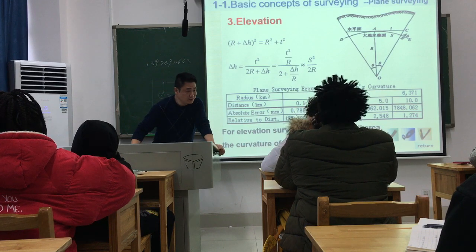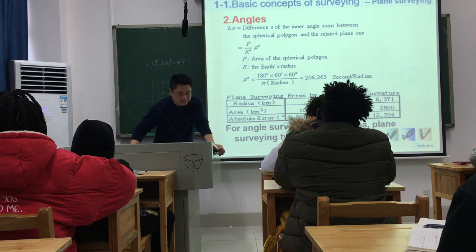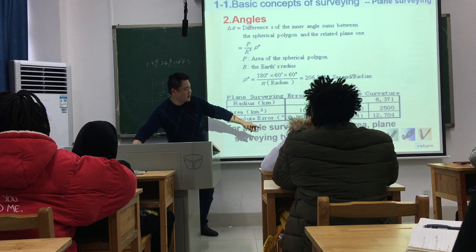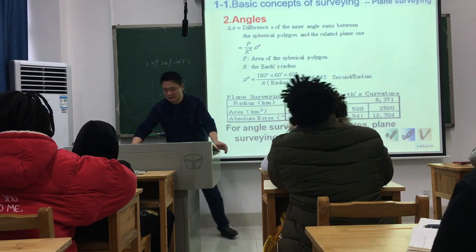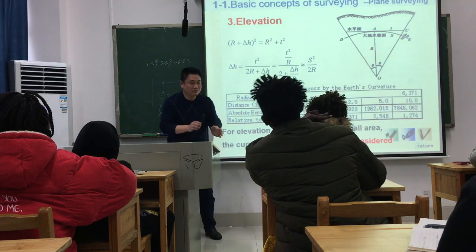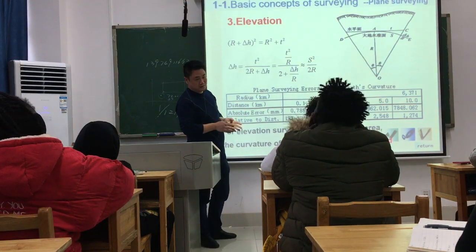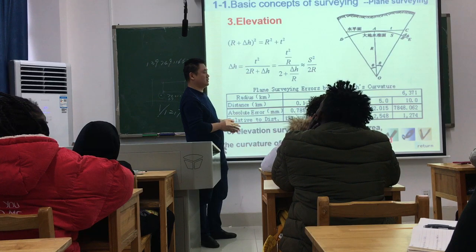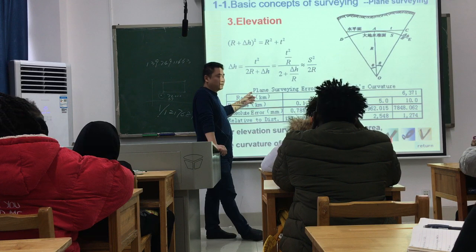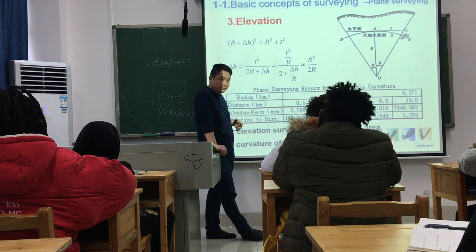And the third is elevation. For distance and for angles, we have 10 kilometers and 100 kilometers as limits. But for elevation, it's different. Even in a very small area, over a very short distance, we cannot ignore the error made by thinking of the surface of Earth as a plane surface.